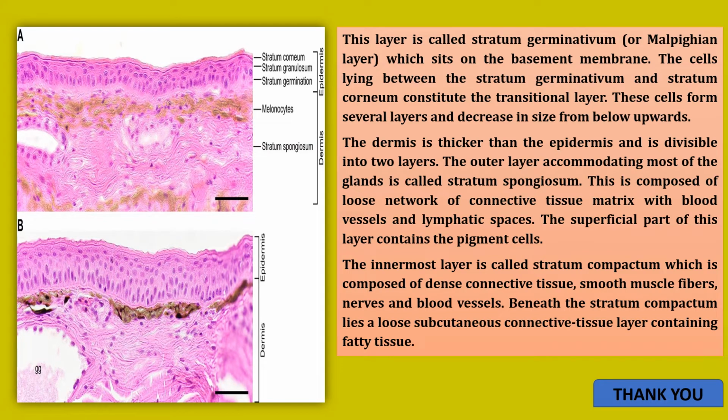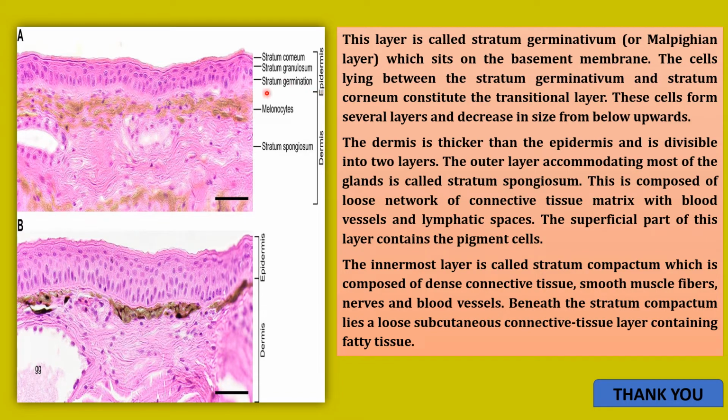As I started in the previous slide, I am continuing here that this layer is called Stratum Germinativum. In the previous slide I told you one inner layer is there that is called Stratum Germinativum or Malpighian layer. You can see in the diagram, one diagram has been shown over here. This is Stratum Germinativum written.